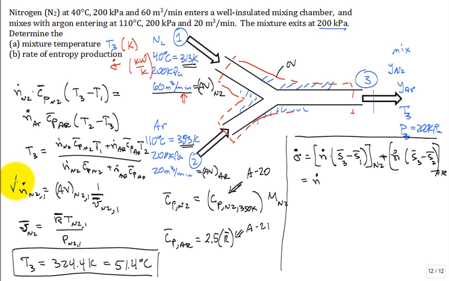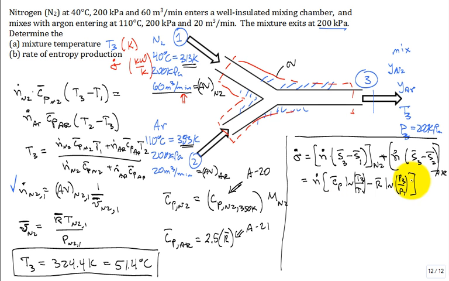What about this S3 minus S1? Is that equal to C sub P natural log T3 over T1 minus R bar times natural log of P3 over P1? Does that look good for the change in S?